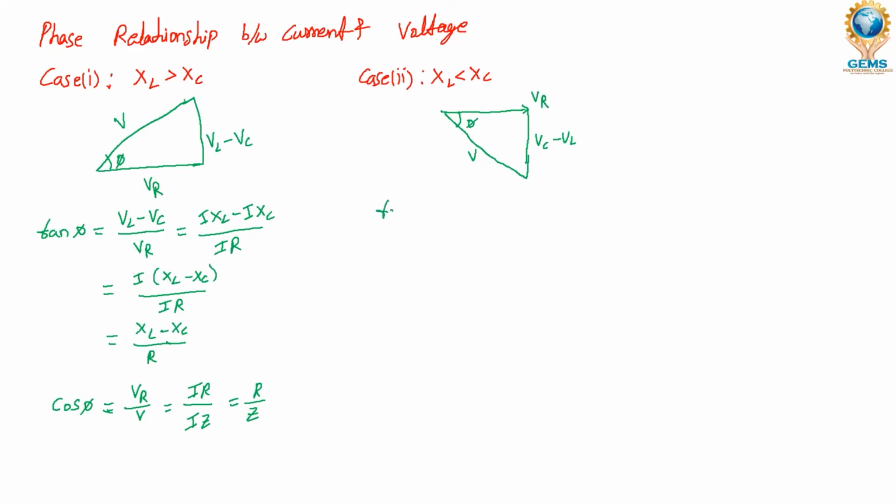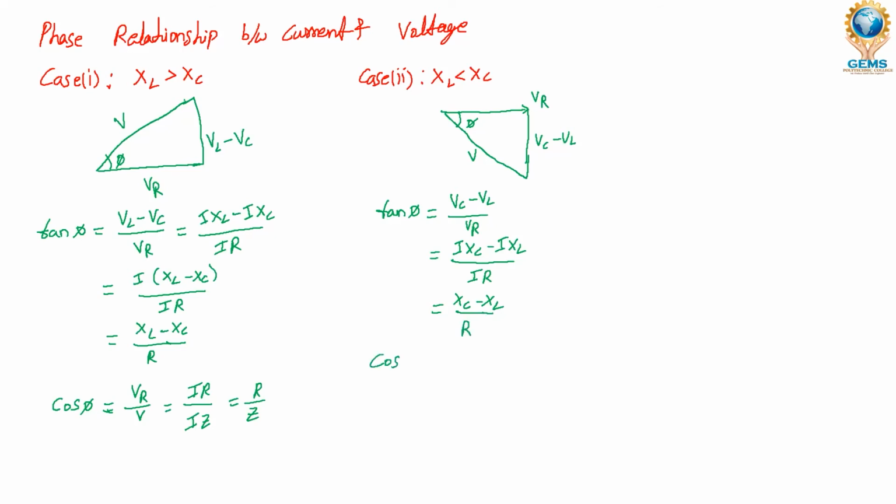Now if we see tan phi equals opposite, that is VC minus VL by adjacent VR. VC is I into XC, VL is I into XL, VR is I into R. From this we will get XC minus XL by R.